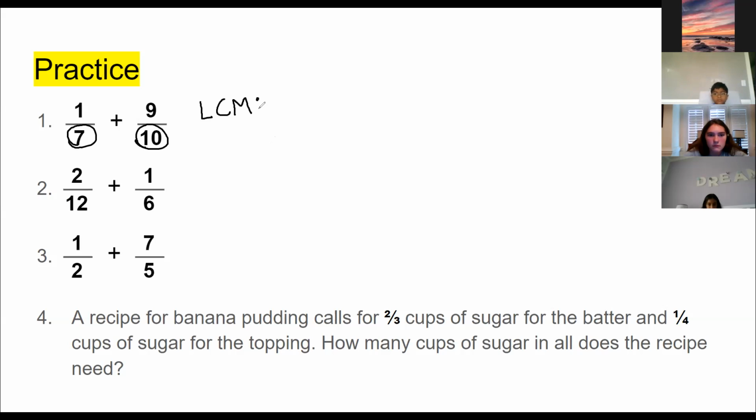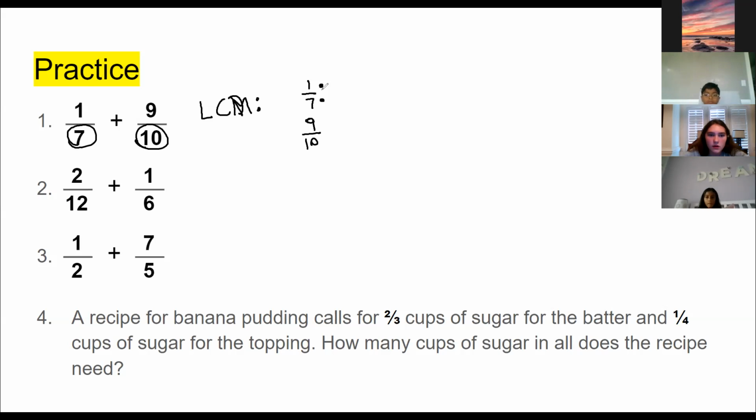This stands for least common denominator. This stands for least common multiple, LCM. Oh yeah. So the least common multiple we need to find, or yeah, least common denominator. We would do, okay, so 1/7 and 9/10. We would multiply.